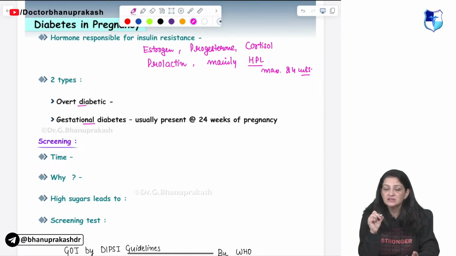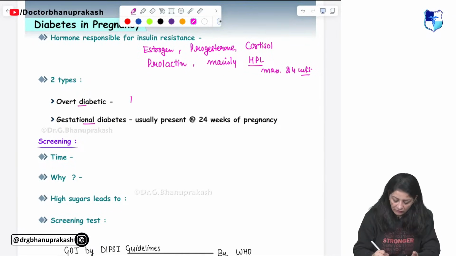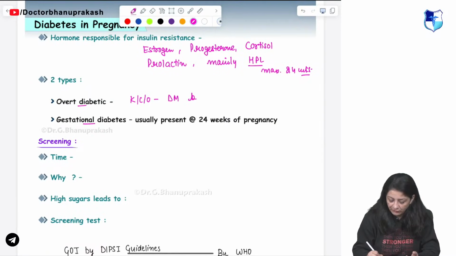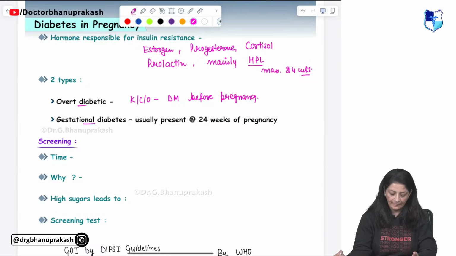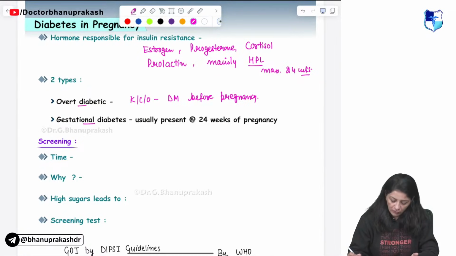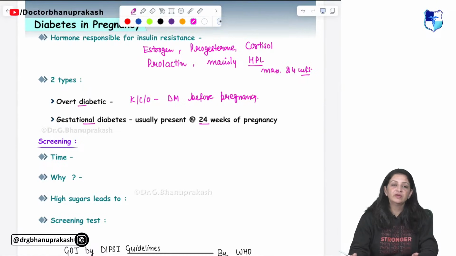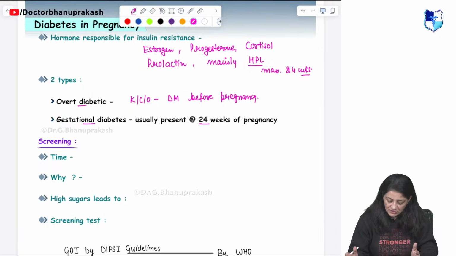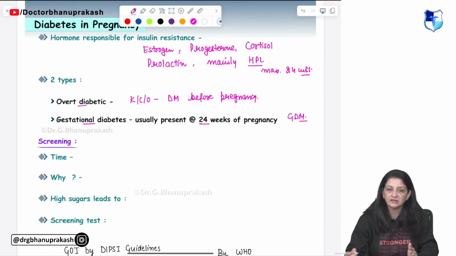Overt diabetes means this is a known case of diabetes before pregnancy. Gestational diabetes means there is no history of diabetes before pregnancy, but at around 24 weeks of gestation, now she is diagnosed as GDM, gestational diabetes mellitus.